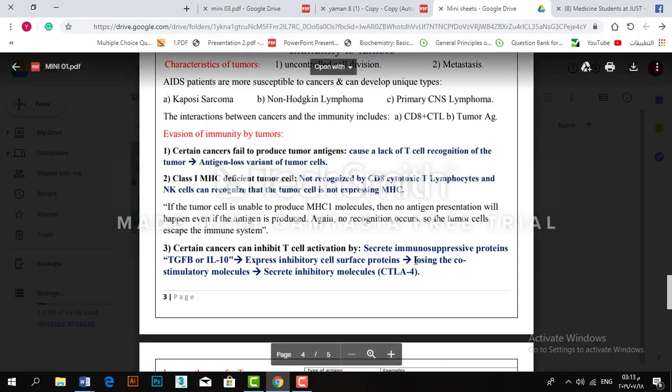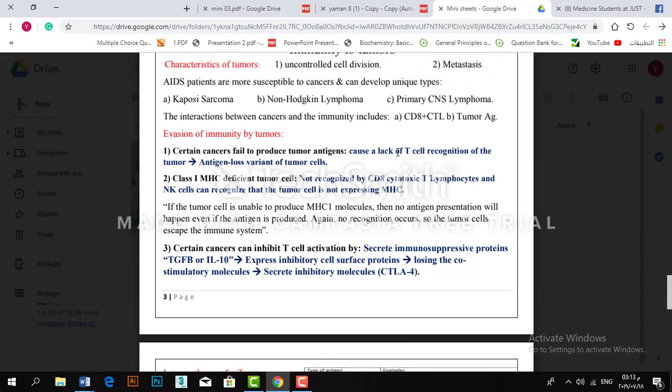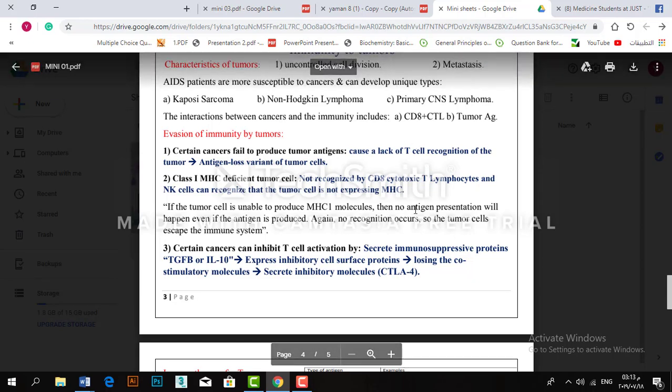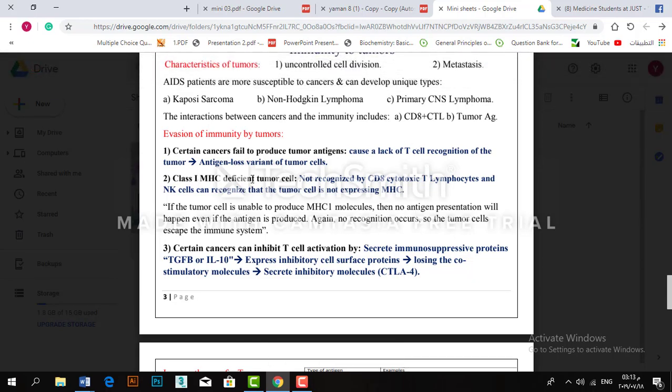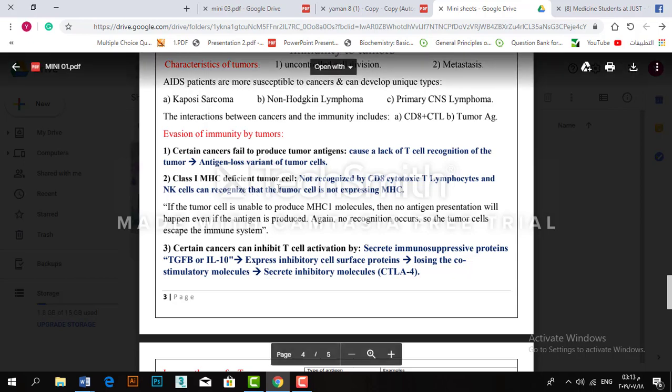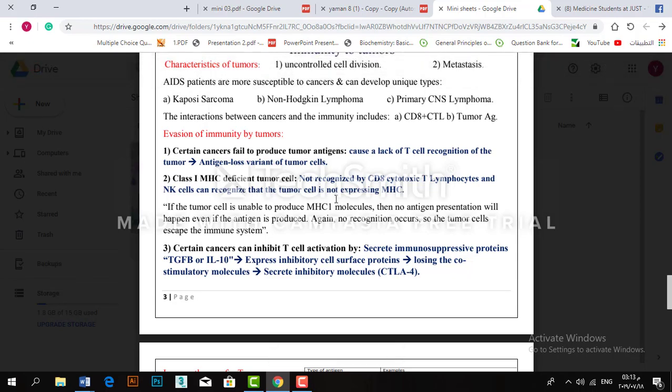Now, as we know, T cells recognize the tumor antigen with the help of MHC molecules or genes. So a tumor cell that is deficient in class 1 MHC will lead to lack of recognition by T lymphocytes.